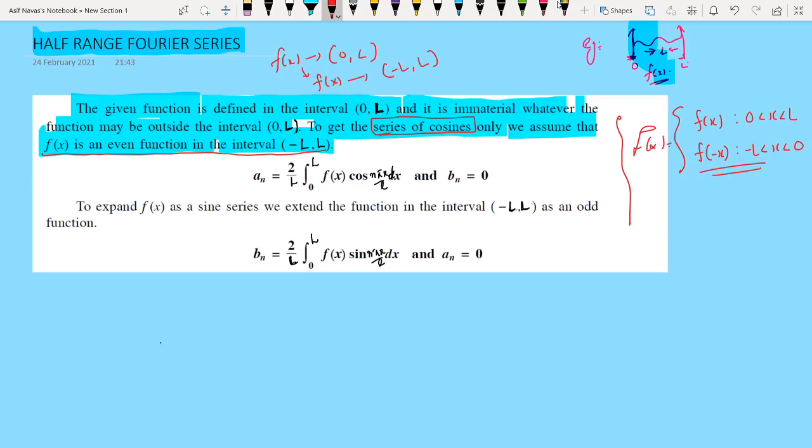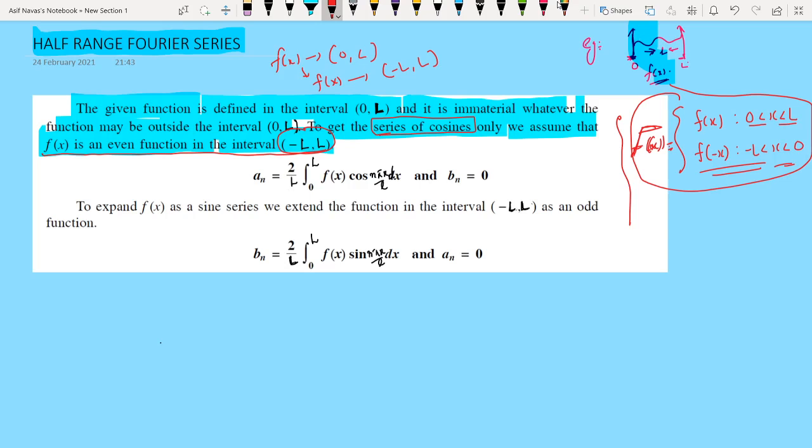In order to define this function outside 0 to L, such that it is defined on minus L to L, if we want it as an even function, we define f of x from 0 to L and f of minus x for minus L less than x less than 0. Then the extended function must be an even function.